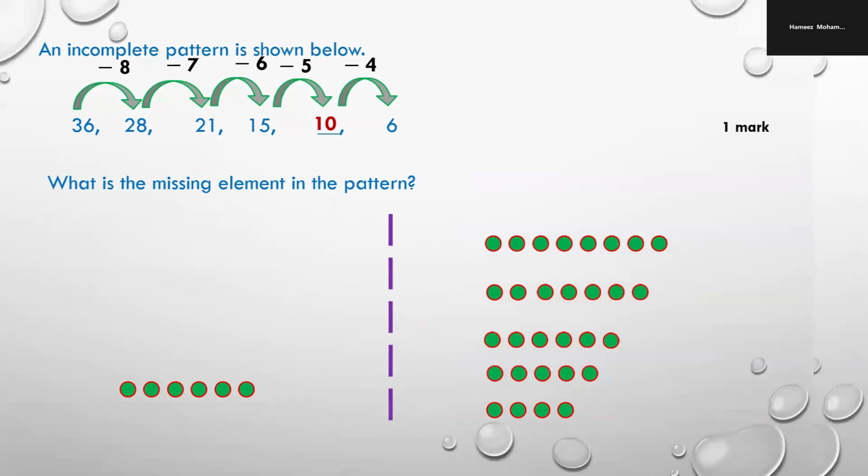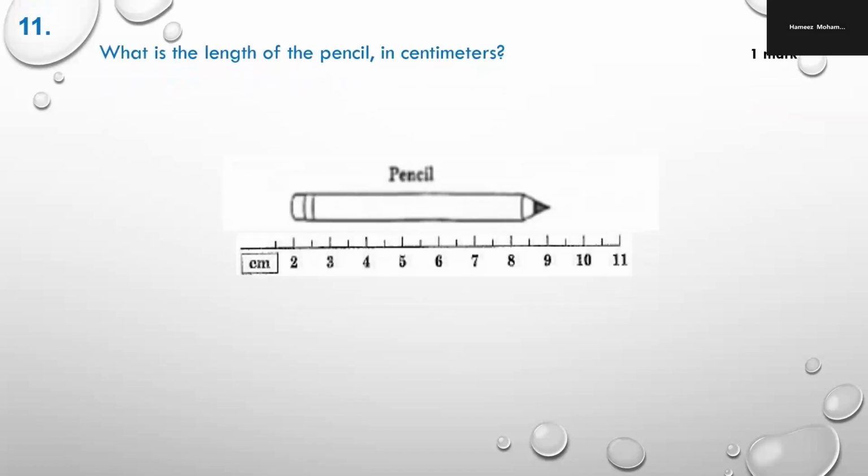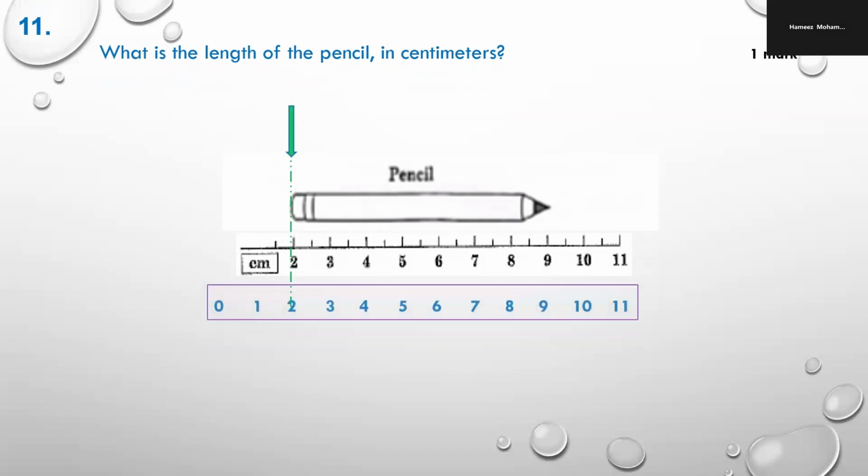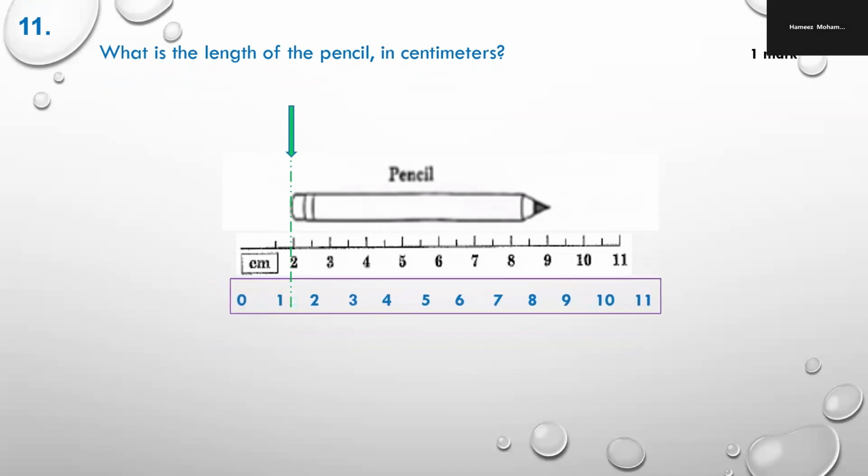Let's now look at number 11, where we moved out of the number strand into our measurement. What is the length of the pencil in centimeters? There are many ways to do this. One way, we can put a starting point here showing 2 centimeters is where it starts. I like to bring up a ruler and then slide the ruler across until it reaches 0.